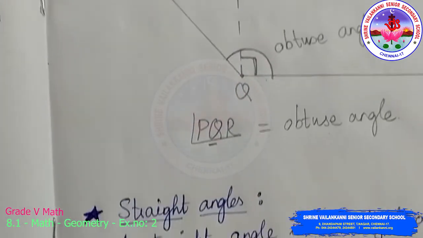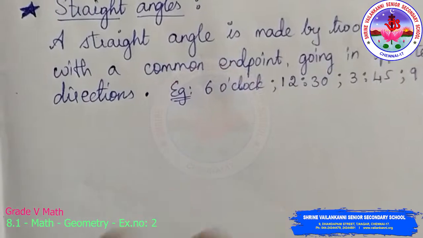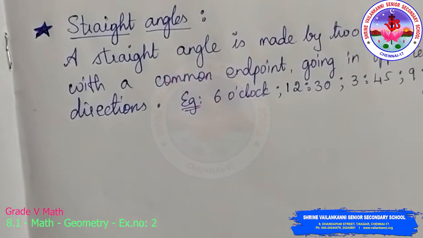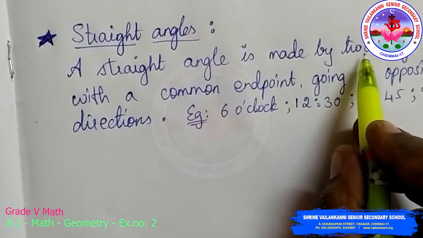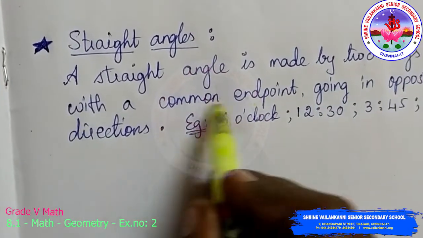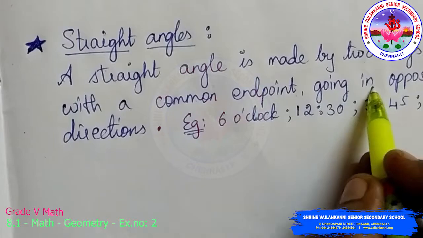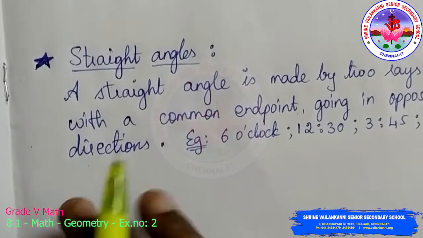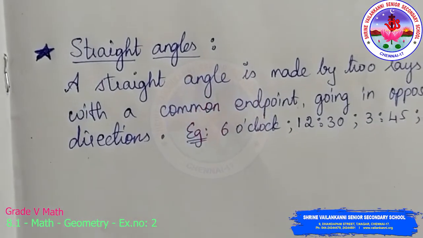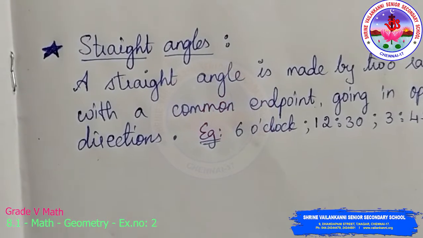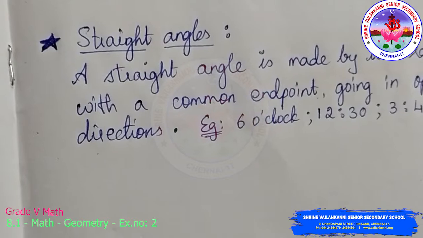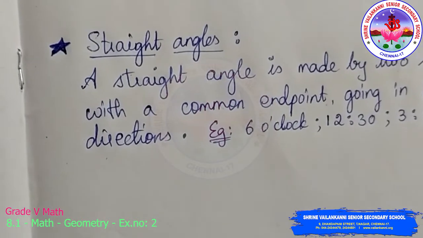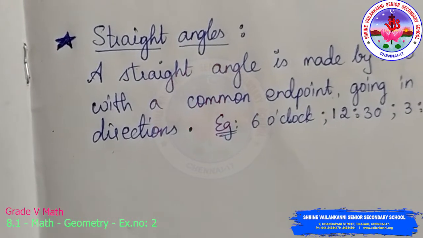Okay. So next we are going to see about the straight angle. A straight angle is made by two rays with a common end point going in opposite directions. For simple understanding, in a wall clock, at 6 o'clock, the minute hand and the hour hand will fall like a straight line.